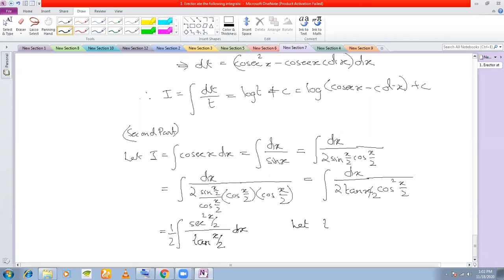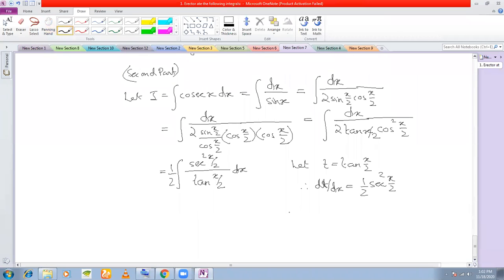So I'll put t is equal to tan x by 2. Therefore dt by dx will become half into sec square x by 2. So how much will sec square x by 2 dx be?